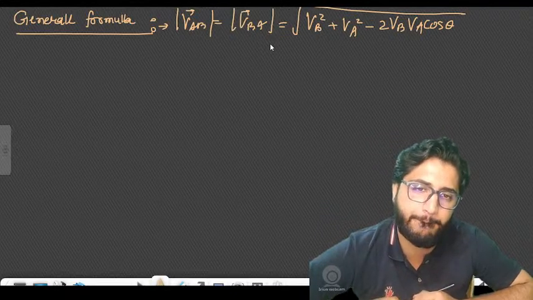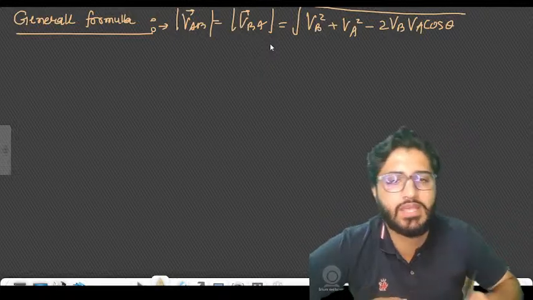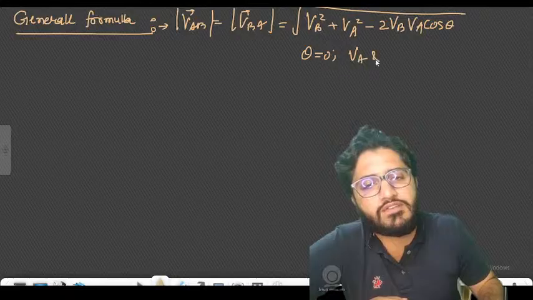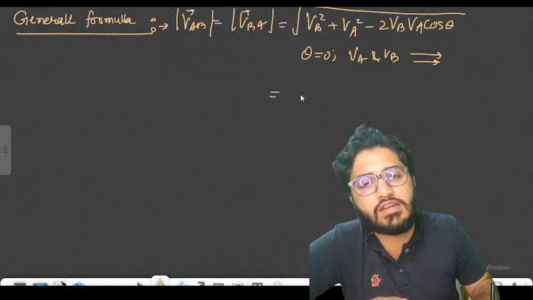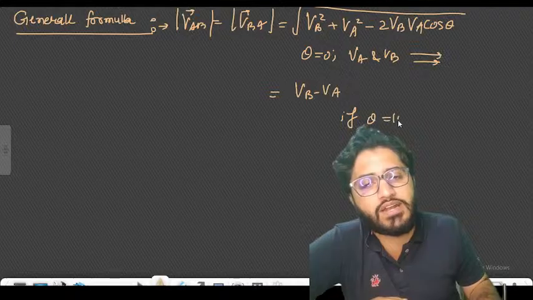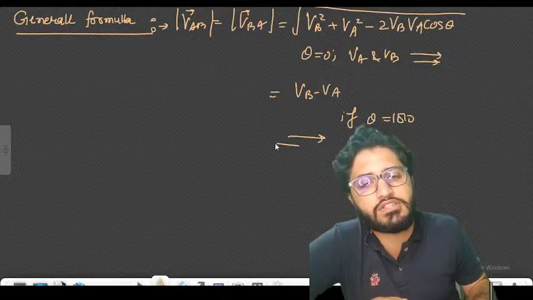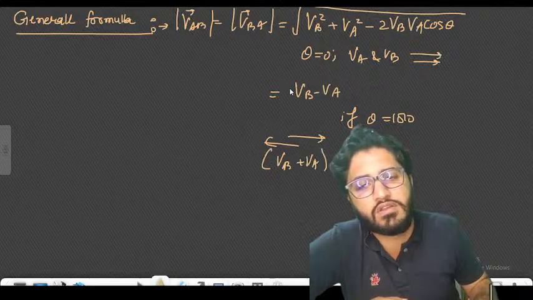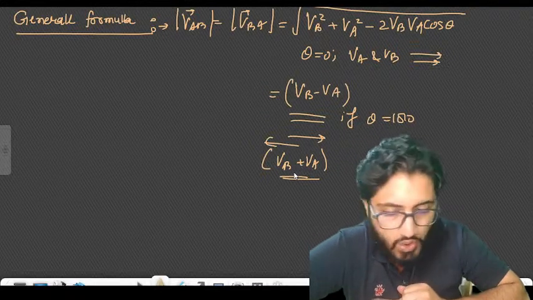If theta is zero, VA and VB are going in the same direction, and you get VB minus VA. If theta is 180 degrees, you get VB plus VA.